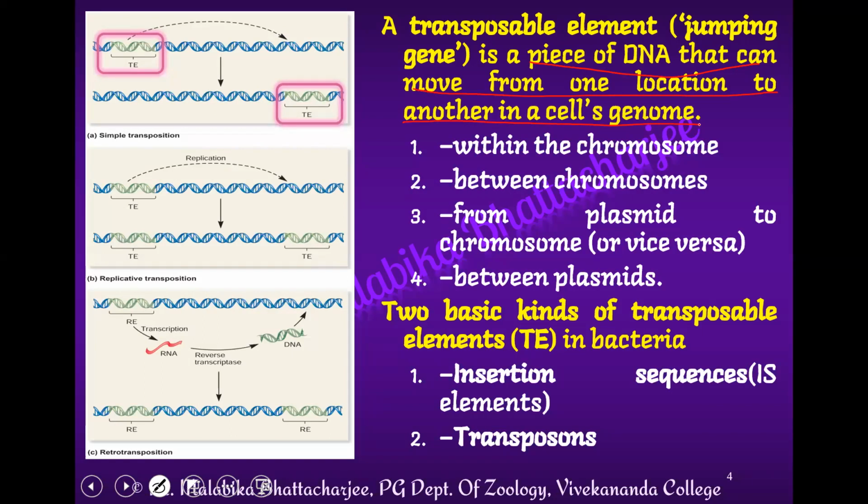If you look at this picture, one thing that is notable is that when it is moving out, it is not keeping a copy of itself. In this case, what they have shown is that it is moving from a place into another position in the same chromosome. And when it is moving out, it is not keeping a copy of itself. So these are basically cut and paste transposons.